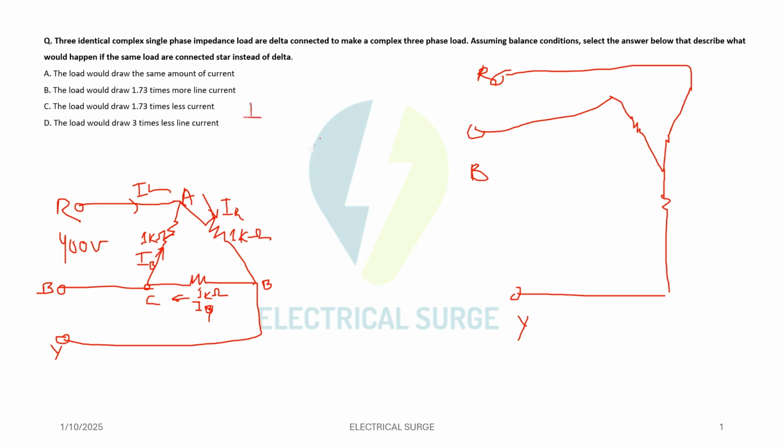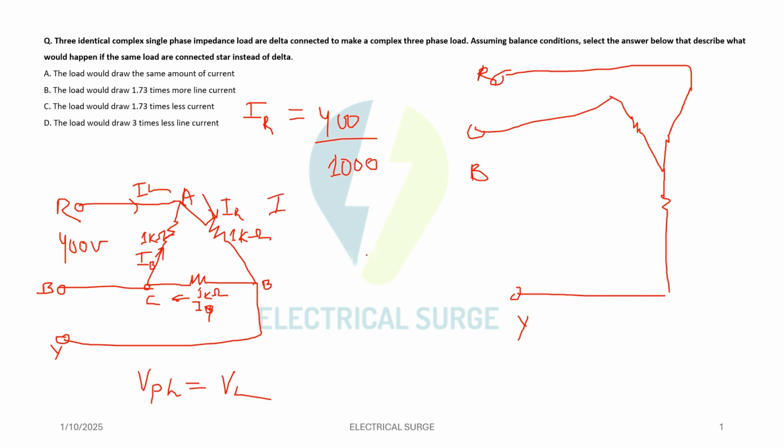Now IR equals, you know that in delta connection, phase voltage and line voltage are the same. So IR equals 400 upon 1000. This is the phase current.